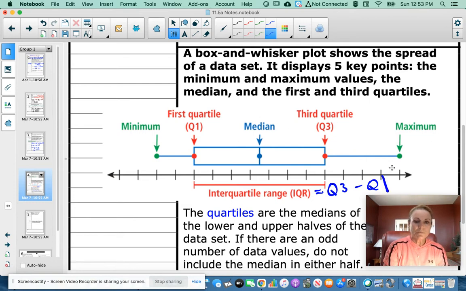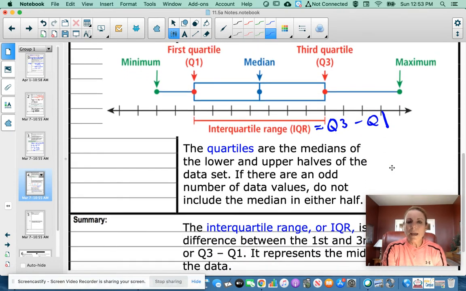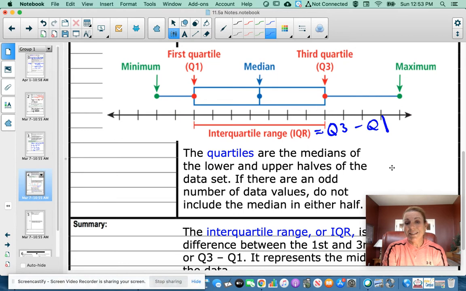The quartiles are the medians of the lower and upper halves of the data set. And I will explain that to you. And so that's exactly what's happening here. We know what the median is of the entire data set, but quartile 1 is the median of the lower half.